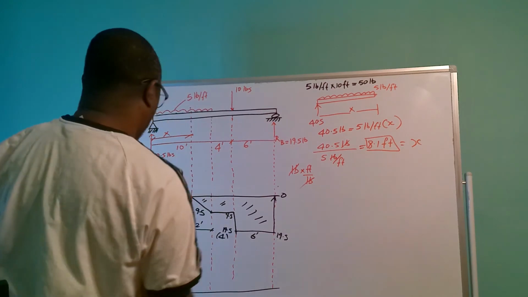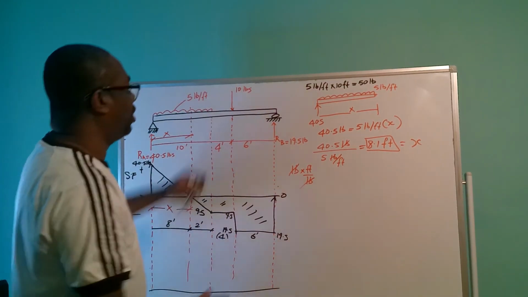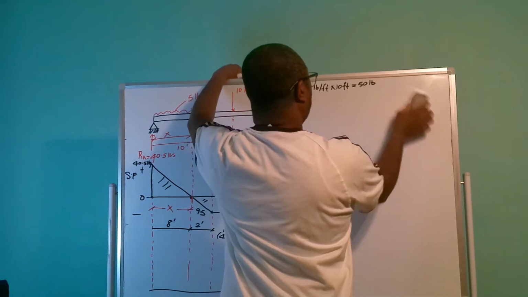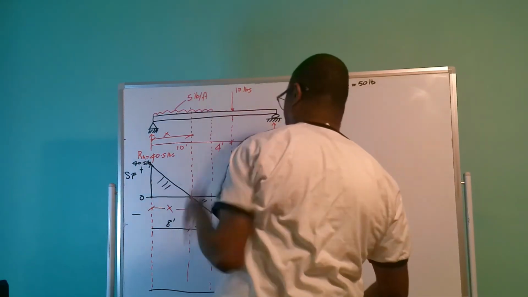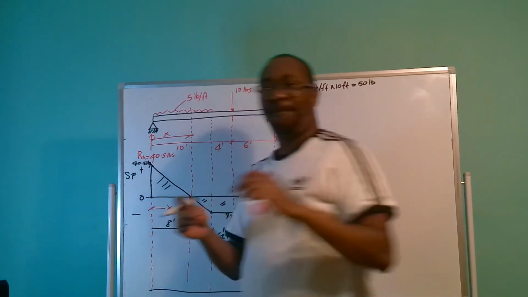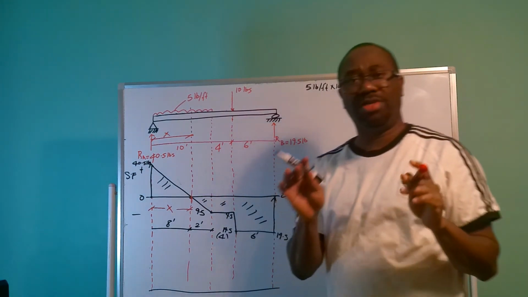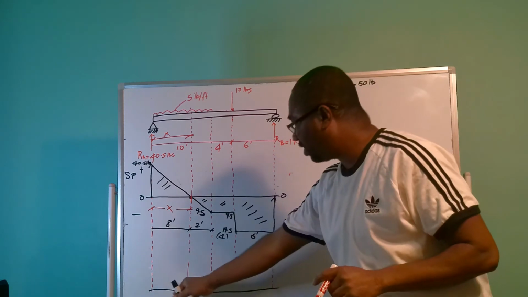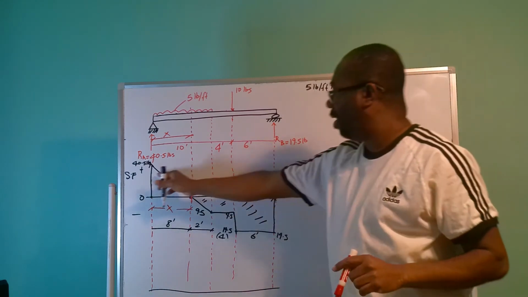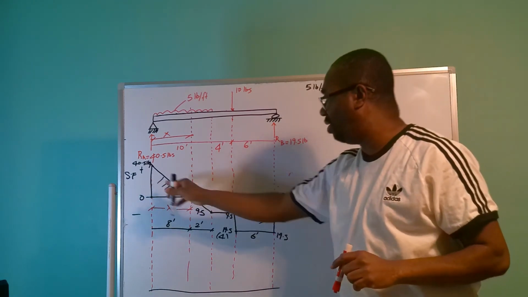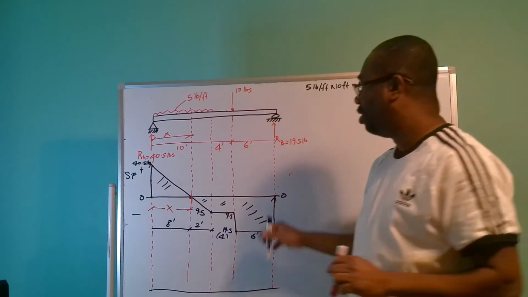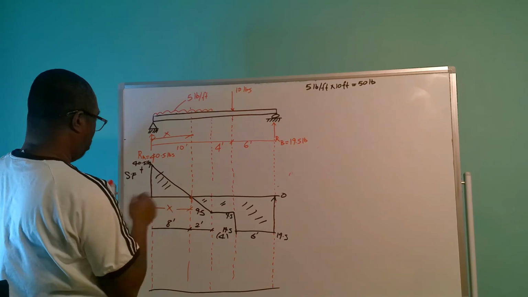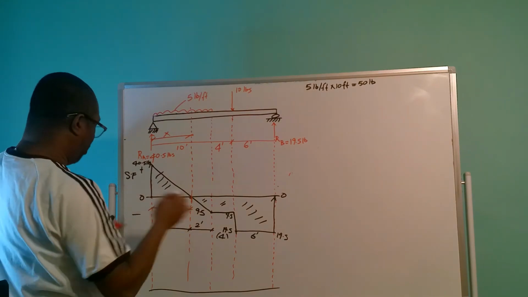So to plot our bending moments diagram now, remember, I've said to you in numerous videos subsequently that in order to find the maximum bending moments, we have to find the area of all these respective shapes. So this area is going to be area 1.